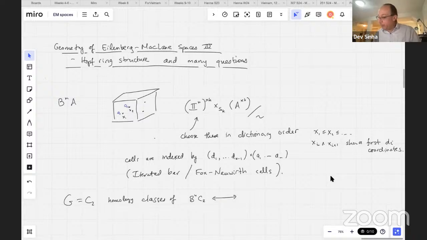The basis for them is in one-to-one correspondence with n minus 1 level dyadic forests. And let me review how that goes and elaborate a little bit more.